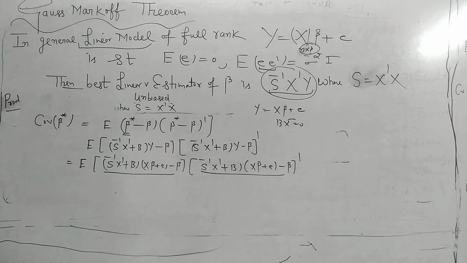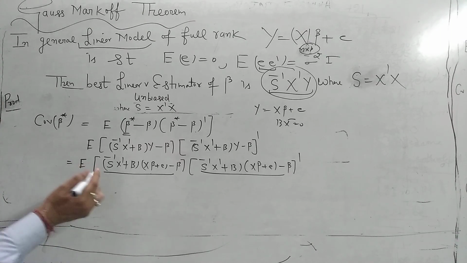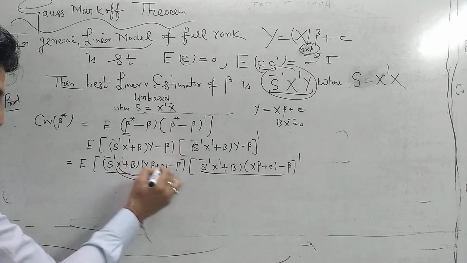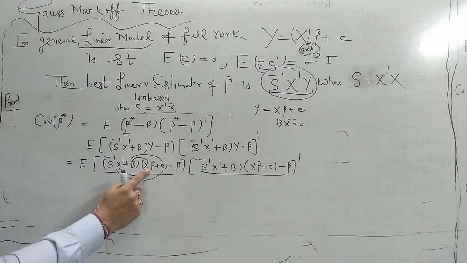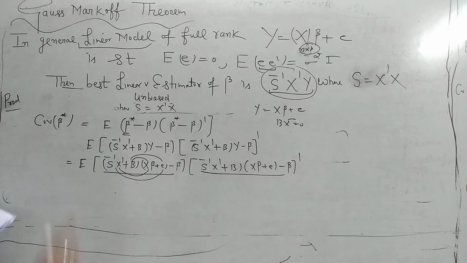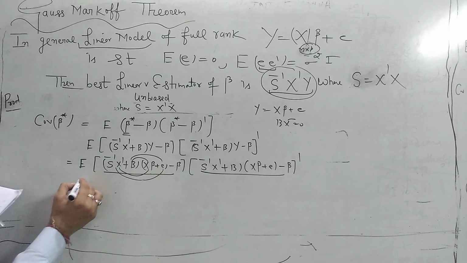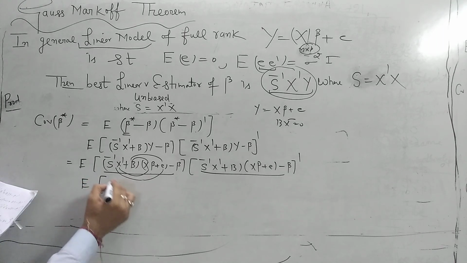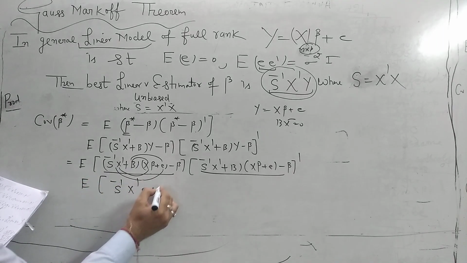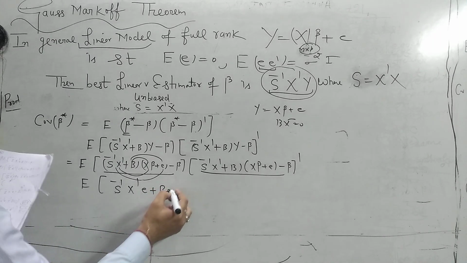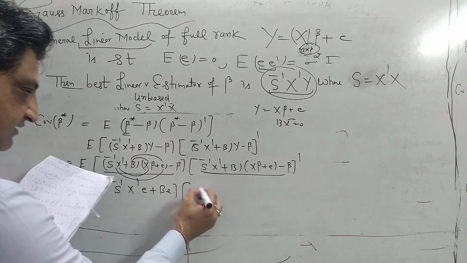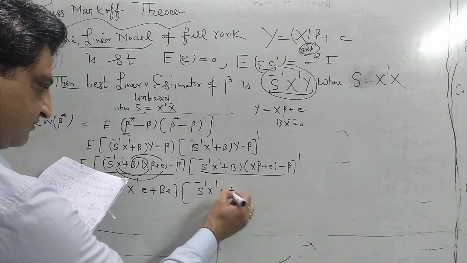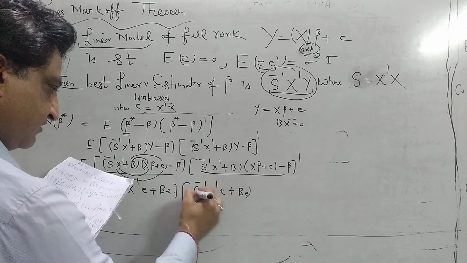Let us see that. If I simplify this, you can multiply these terms, and when you multiply this with this one, you get beta, so beta will get cancelled. So I am left with only the epsilon terms, and the same is here, nothing different.